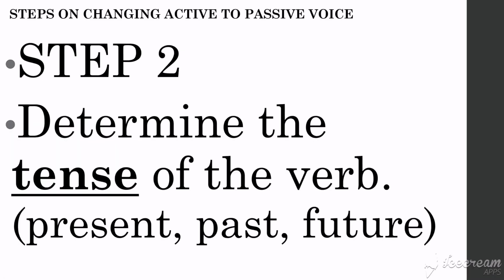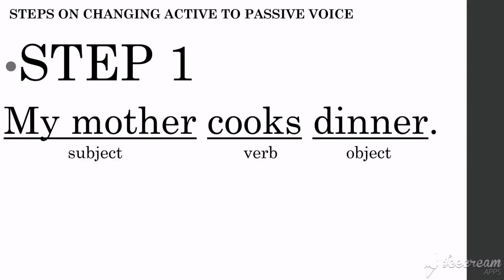Step number 2. After we identify the subject, verb, and object in the sentence, determine the tense of the verb. Is it in present tense, past tense, or future tense? So again, going back to our original example, my mother cooks dinner. We're going to focus on the verb cooks. In what tense is the verb?